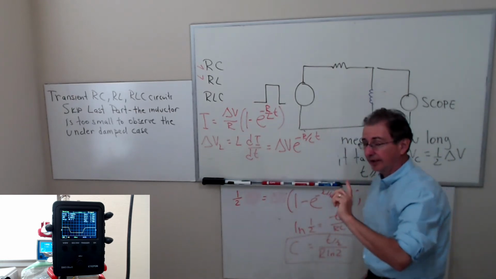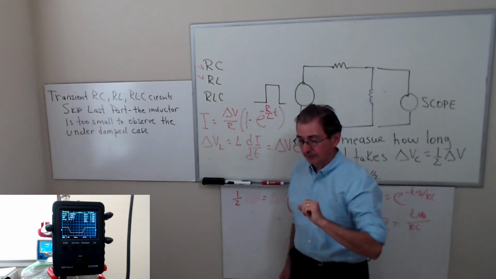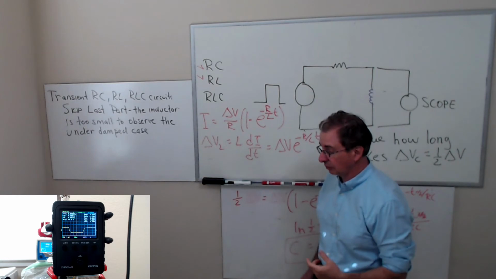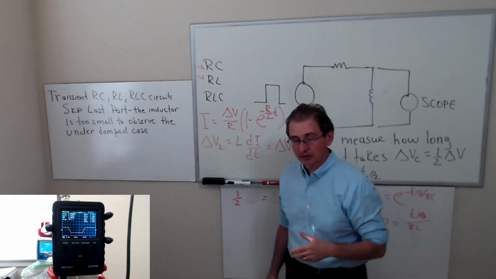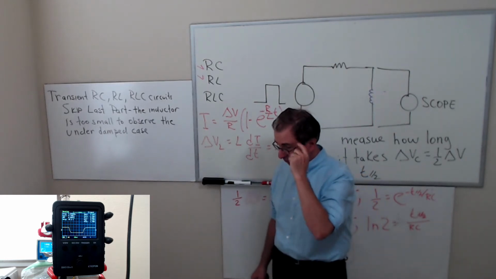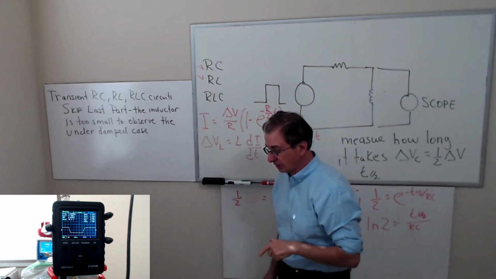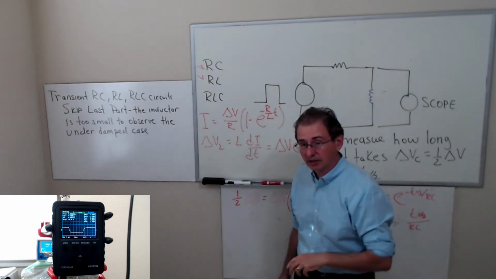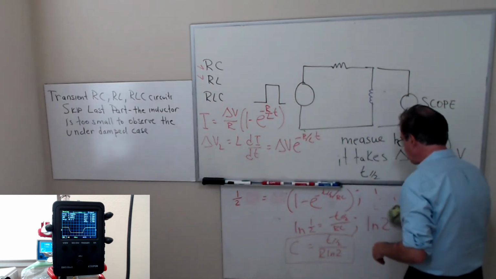By the way, if you have a hard time doing this for the inductor when you make the measurements, then just do the resistor. Sometimes the inductor could be a pain. In fact, what I have set up here, I have it hooked up across the resistor. I'll hook it up across the inductor so you can see the difference. But the equation you'll use is the same.